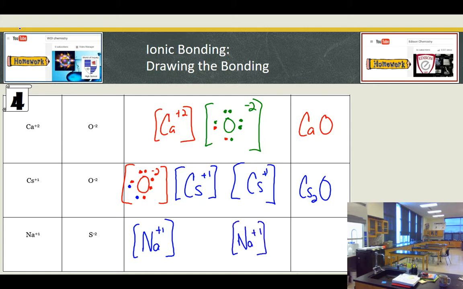So each Na gives up one electron, but O needs two. 1, 2, 3, 4, 5, 6. Like the periodic table tells me, get one from one Na, one from another, and now I am an O with a -2 charge. And so the formula for this now becomes Na2O.